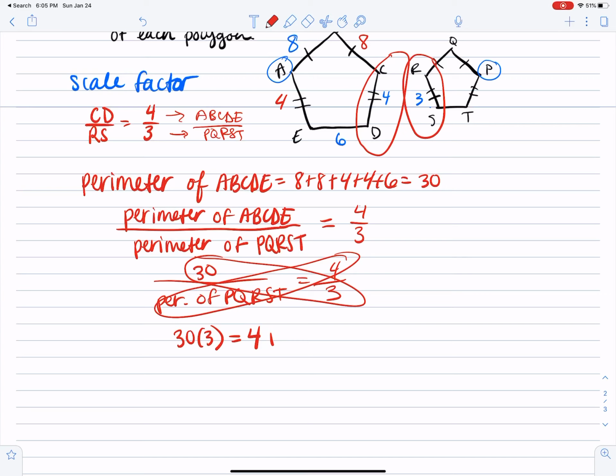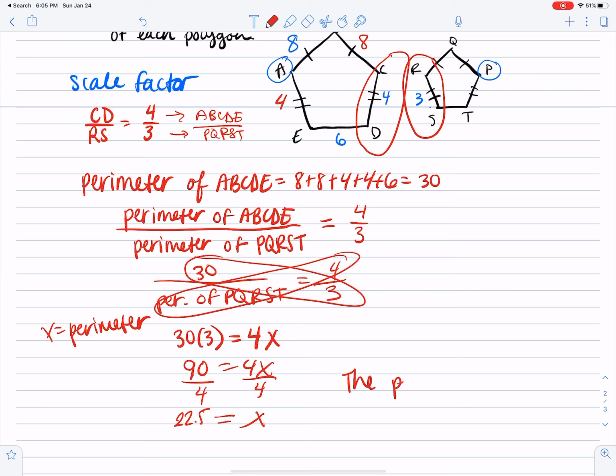Actually, no, because we already have a P, I'm going to write X. X for perimeter. I'm going to make myself a note over here. X is perimeter, which is what we're trying to find. So 90 equals 4X. X equals 22.5. And since there are no units given, like inches or anything, we can just write the perimeter of PQRST is 22.5 and put no units there.